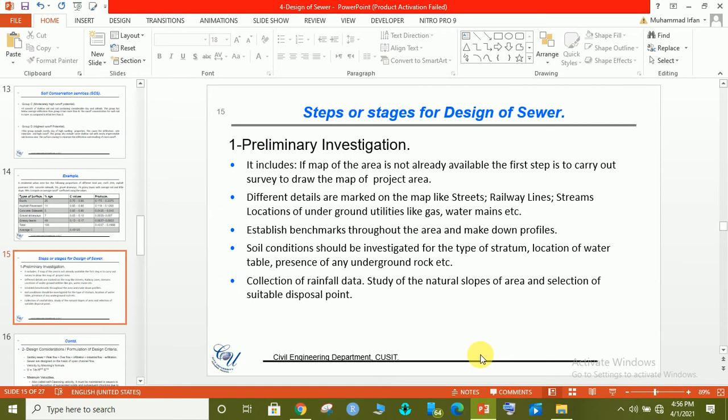These are the steps or stages for design of sewer. You can see there are many steps. The first one is the preliminary investigation.